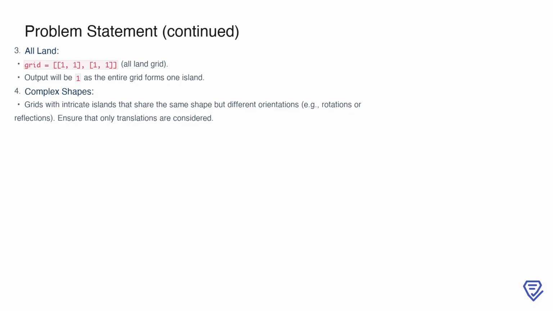In contrast, for an all-land grid, like grid equals [[1,1],[1,1]], the entire grid forms one large island, so the output is 1. Lastly, for grids with complex shapes, it's important to ensure that only translations are considered, and other transformations like rotations or reflections are ignored. This ensures the distinctness of islands is based purely on their translatable shapes.